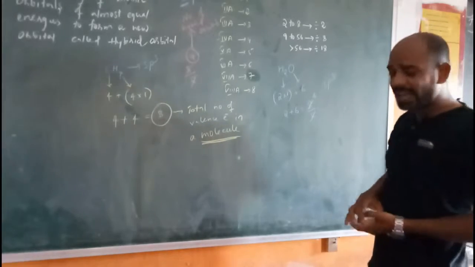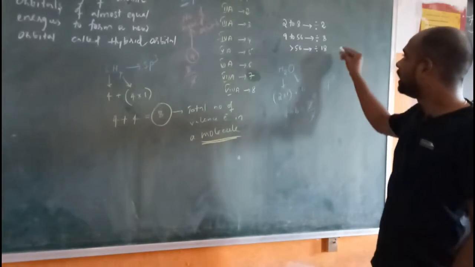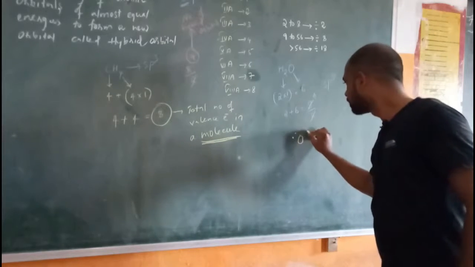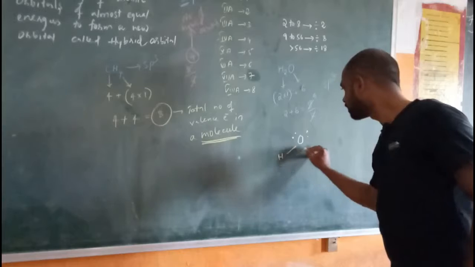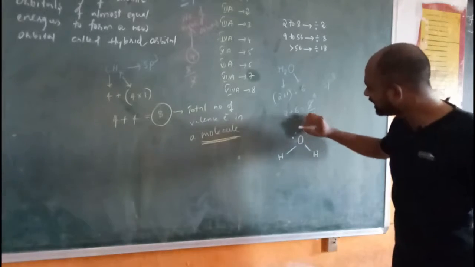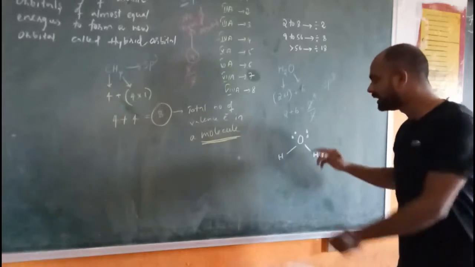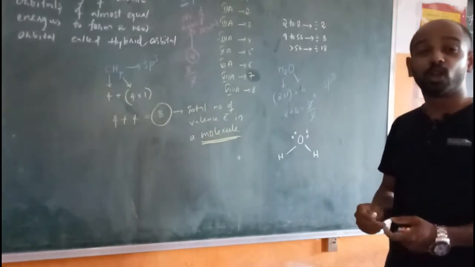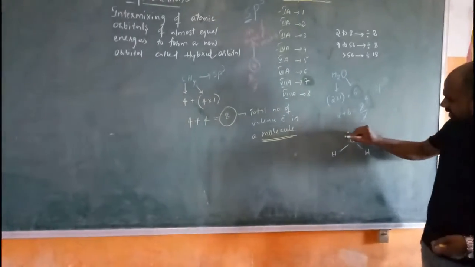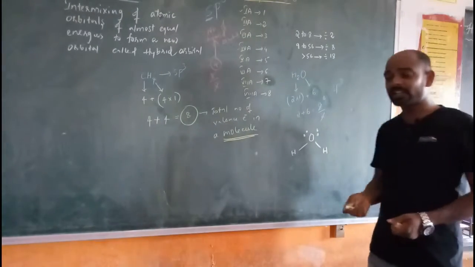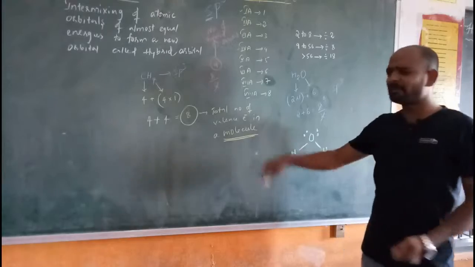If you observe a water molecule, it is written like this. What are these dots? These dots represent the number of lone pairs. We can calculate the number of lone pairs by using the same trick.